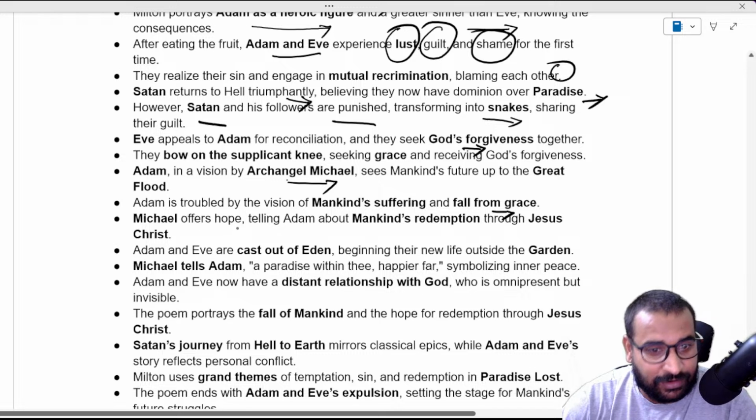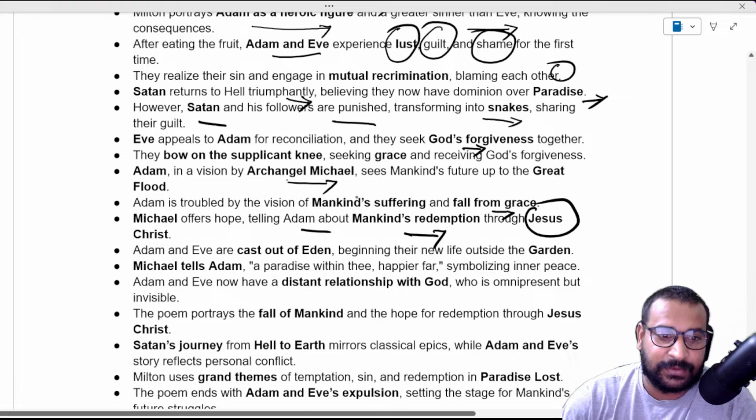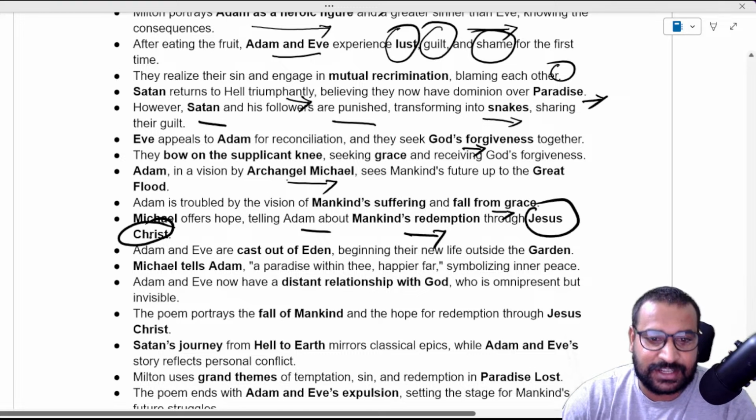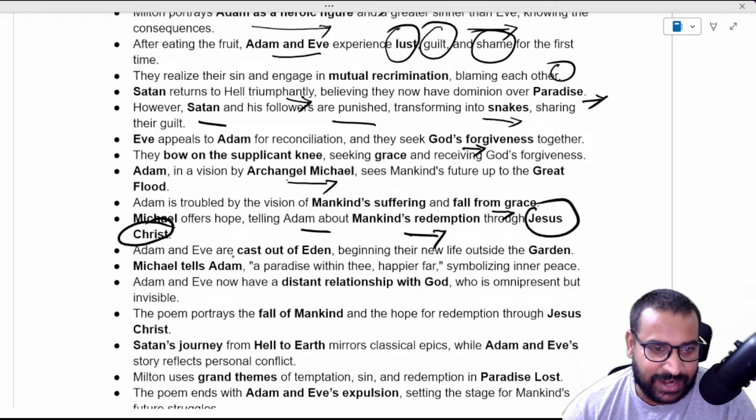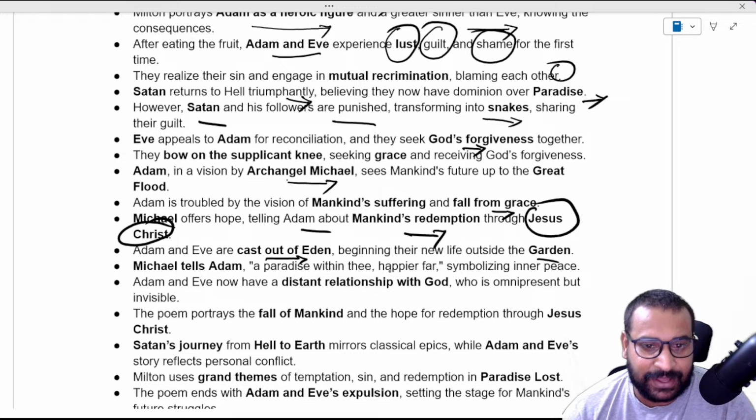So Michael offers hope, telling Adam about mankind's redemption, that one guy will come whose name will be Jesus Christ, and you all will get your salvation. So Adam and Eve are cast out of Eden, beginning their new life outside the garden, right? And Michael tells Adam a paradise within thee, happier far, symbolizing inner peace.